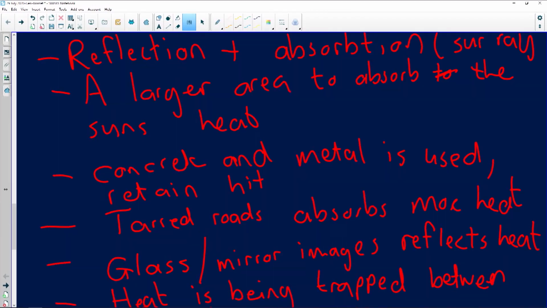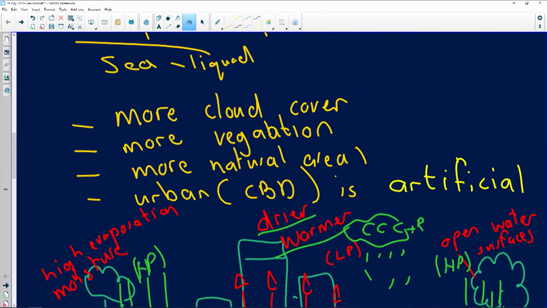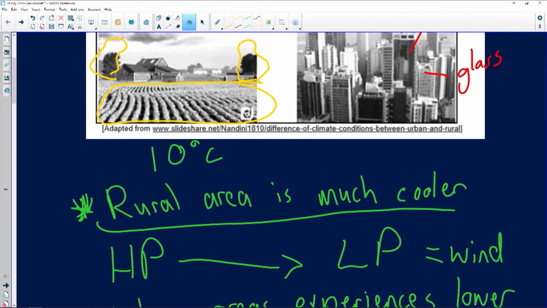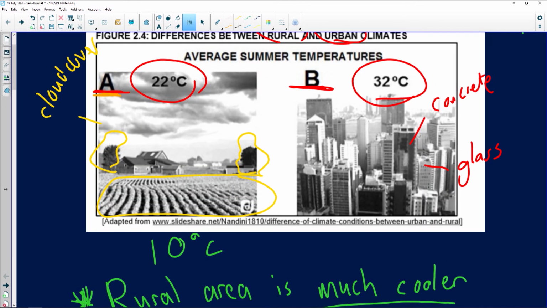Now, yes, I know we're done with the question, but I want to highlight the problems that these high temperature conditions can create. Now, my next question to you is, how can we prevent it? Now, as we can see, if we look at our photo, we can see a 10 degrees difference between the rural areas and the urban areas.